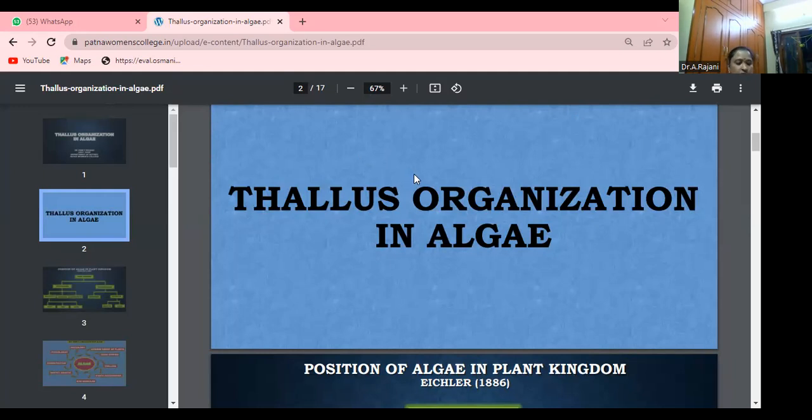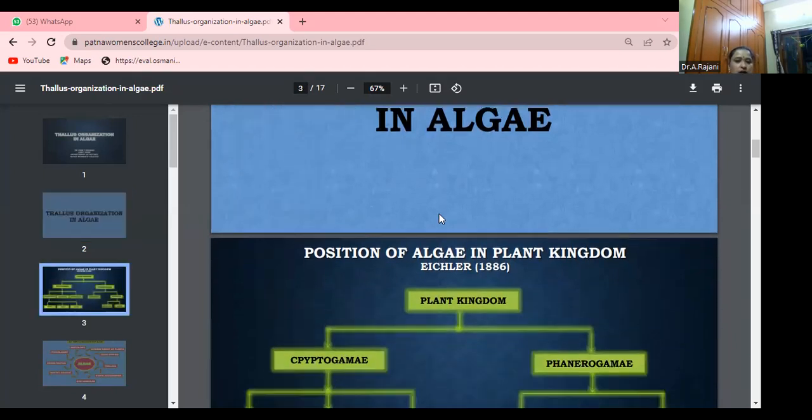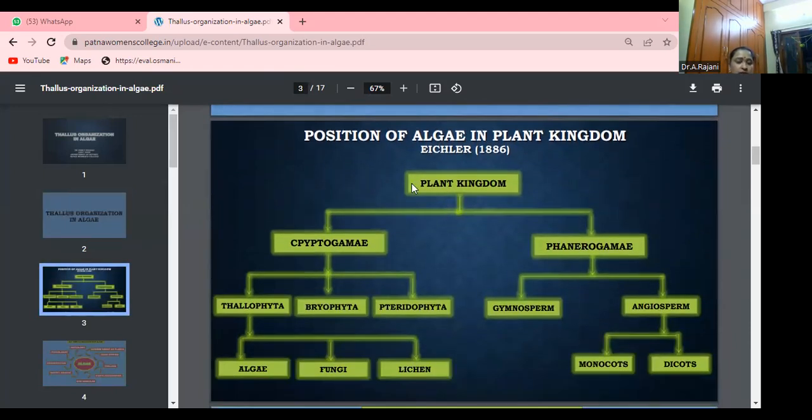The thallus structure is basically of two types. In yesterday's class I also explained that the plant kingdom is divided into two parts: one is non-flowering, the second is flowering. Non-flowering plants are called cryptogams, flowering plants are phanerogams. The cryptogams are again divided into three parts based on the structure of the plant body.